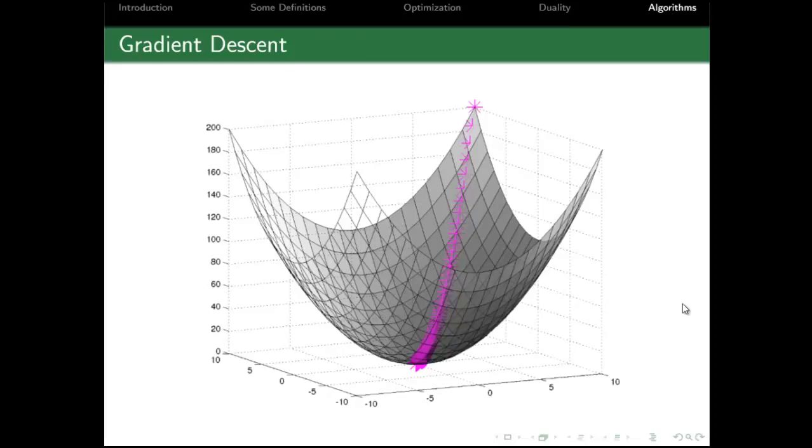Now we look at one of the most popular algorithms, known as gradient descent. This works in convex problems where there exists a minima, and you start from one point at the top and go down according to the gradient. This visualization gives you a three-dimensional surface which is basically f of x1 comma x2, say.